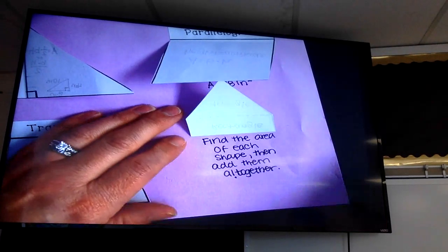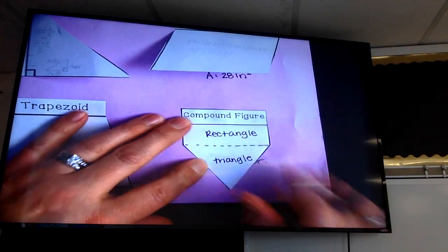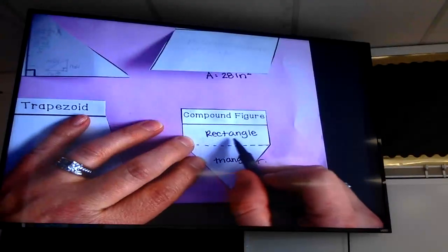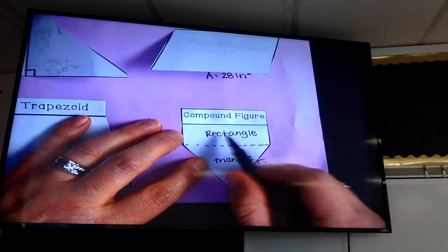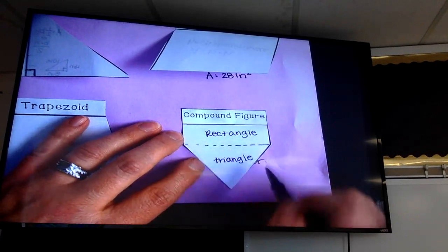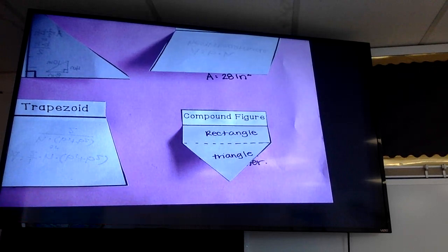So there's no fancy formula for a compound shape because all compound shapes are different. So what you would do is, in this case, I would find the area of my rectangle, I would find the area of my triangle, and then I would add those 2 areas together to find my compound figure shape. And we're going to be talking about those when I see you next.